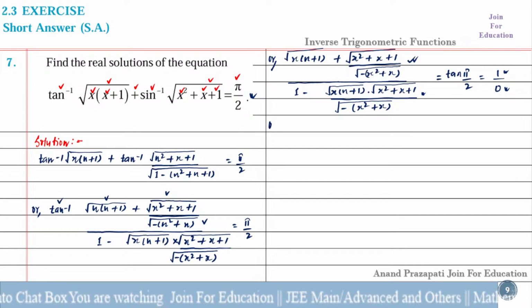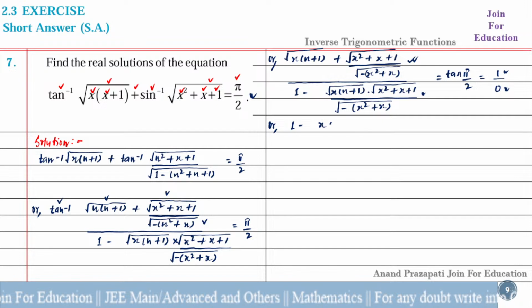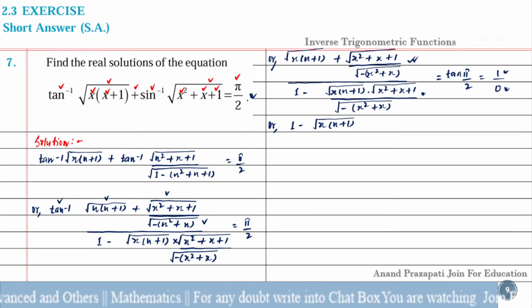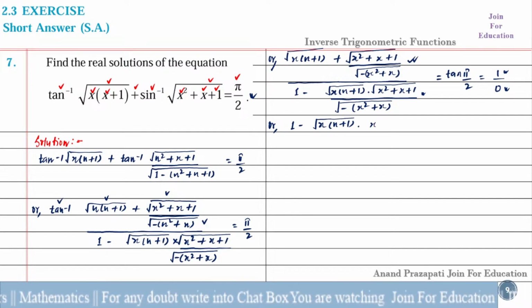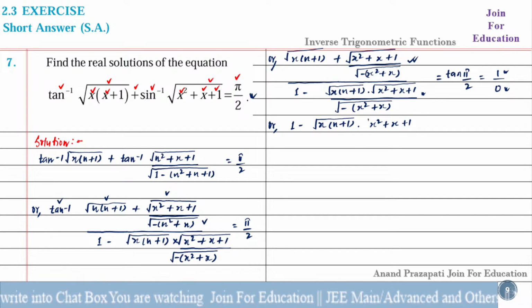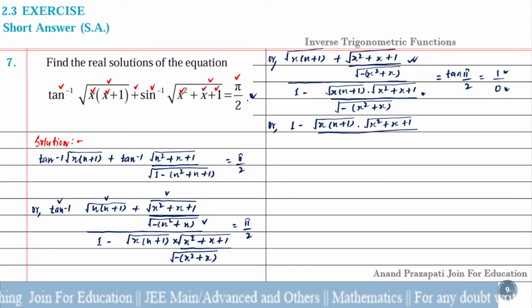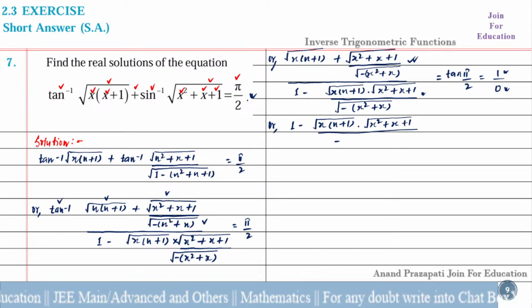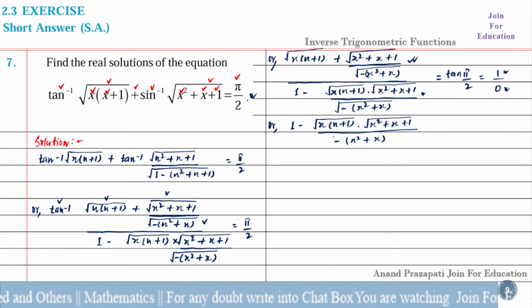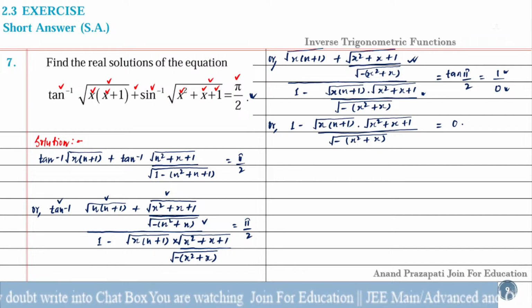So the next step here will be 1 minus x into (x plus 1) over root, into we write down here (x square plus x plus 1) over root, by we write down here minus all (x square plus x) whole cubed over root equal to 0. There is no problem to understand up to this step.